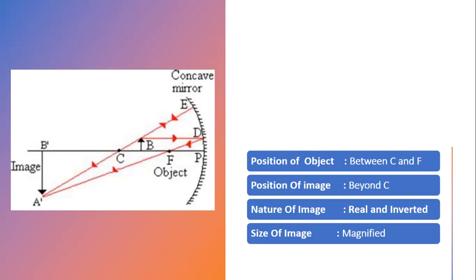Both the reflected rays are meeting at the point. At that point, image will be formed. So position of image is beyond center of curvature. Then nature of image, real and inverted. Size of image, magnified. Magnified means the image size is greater than the object size.